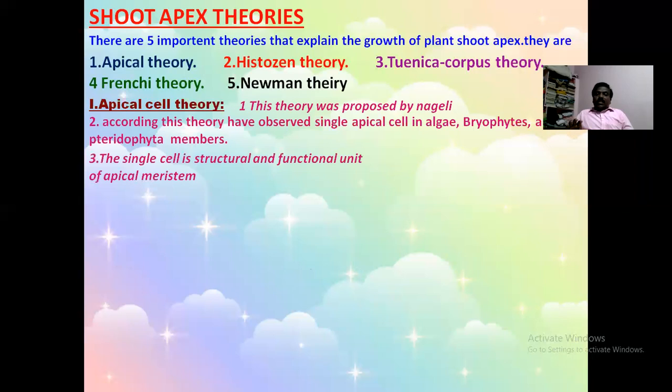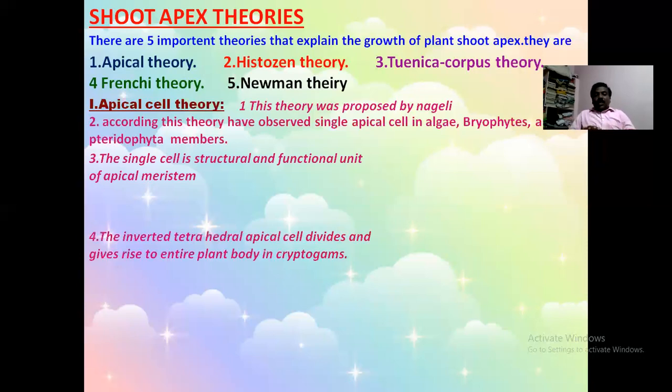The single cell is the structural and functional unit of the apical meristem. One single cell develops into a group of cells, the meristematic tissues, in the primitive plants.